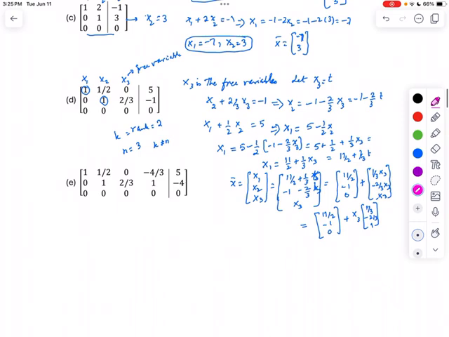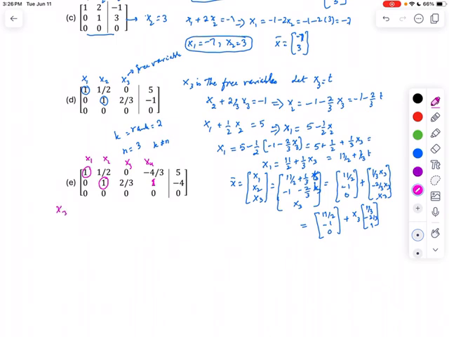Okay, now looking at number E. So we see this is already in the echelon form, and notice we have one pivot here, and that's all. This is not a pivot because this is not the leading or the first non-zero term from the left. So we have only two of these, so it means this first one is x1, this is x2, x3. There are 4 variables.